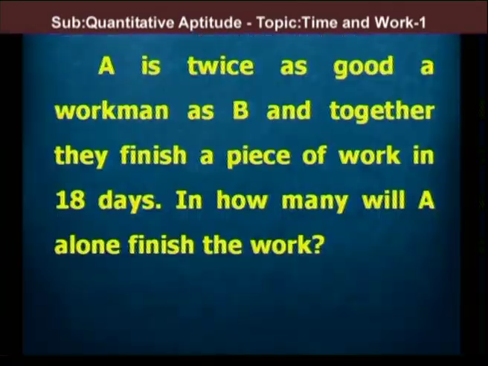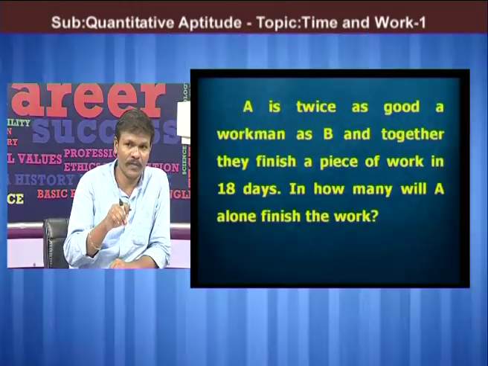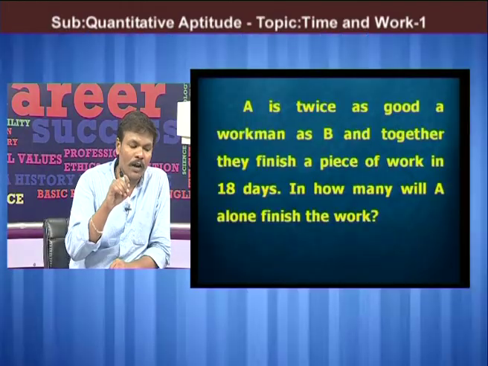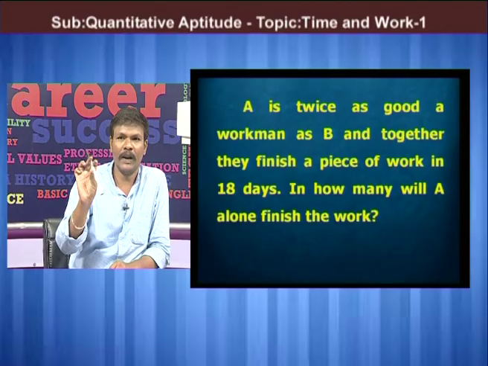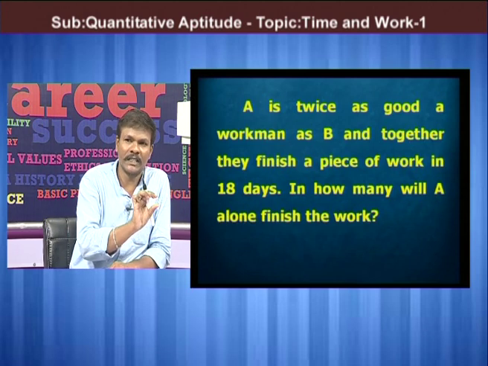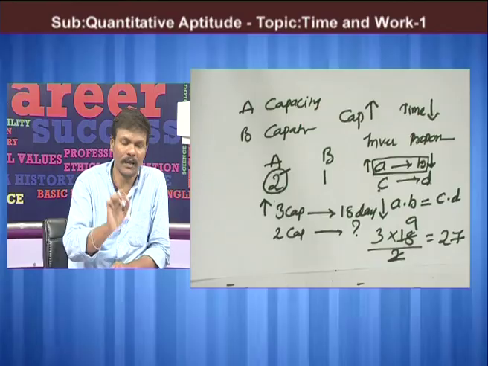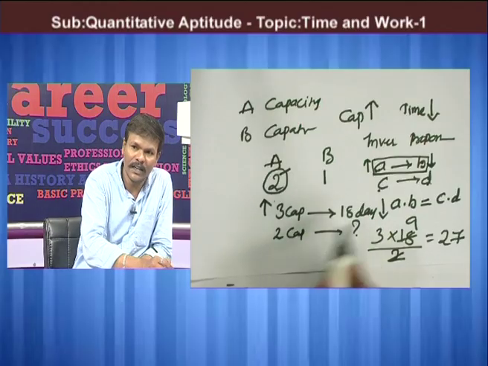So, this method is inversely proportional. In this, we apply the multiplication of A and B, and C and D. Both are 3 capacities working for 18 days, that means 3 into 18 by 2.